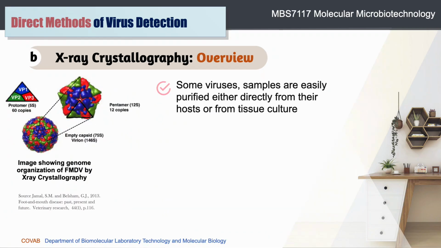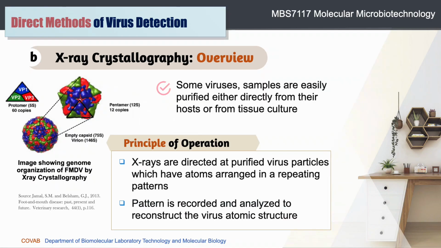Our second method is X-ray crystallography. Some viruses can be easily purified directly from their hosts or from tissue culture, and what we get after this purification is what we see on the left, a structure of the viruses.